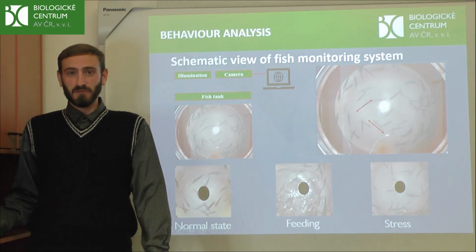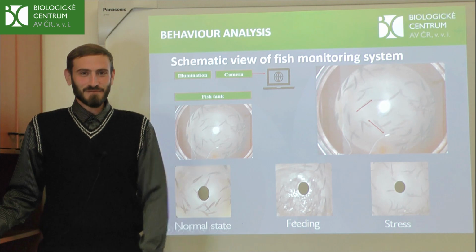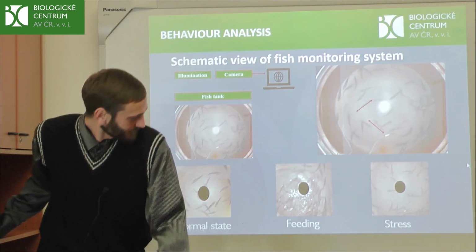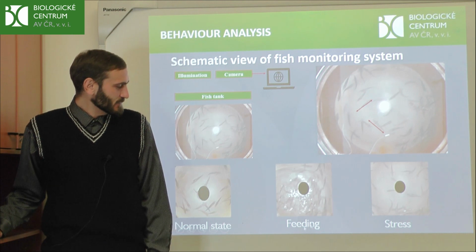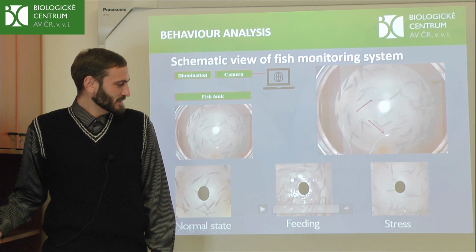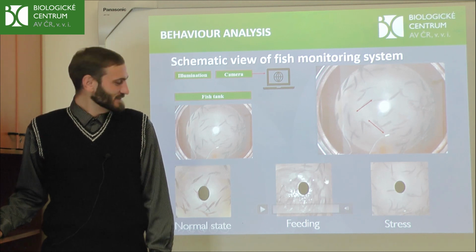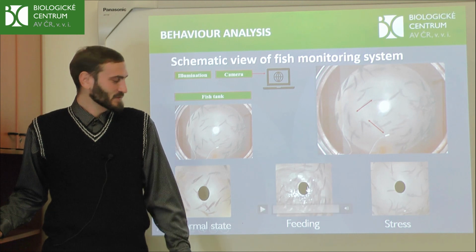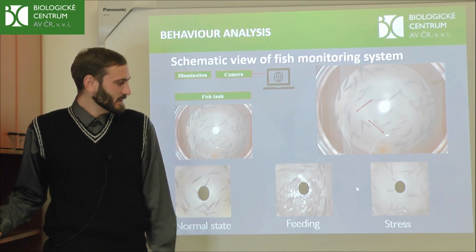When we put in food, they chase the food really fast. So the water surface becomes really reflective, and it's difficult to separate the fish. So the system can automatically know that the fish are eating right now.